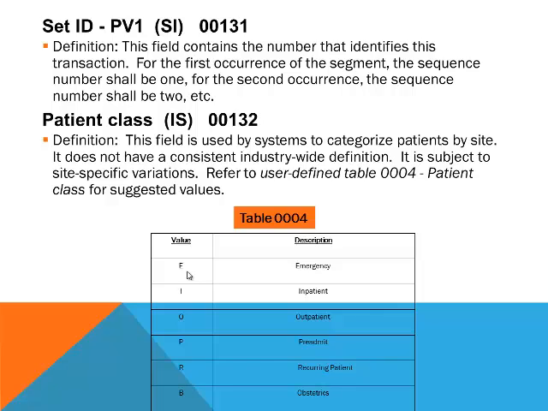So if one terminal sends to another terminal, the other side can be based on these values to determine the class of the patient and send them to the correct department.